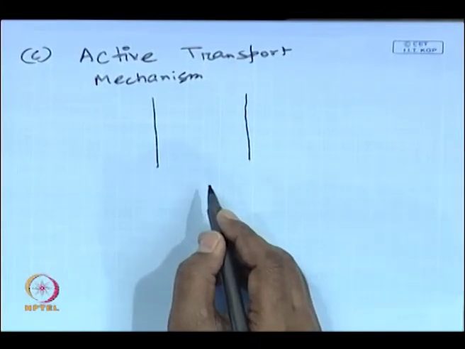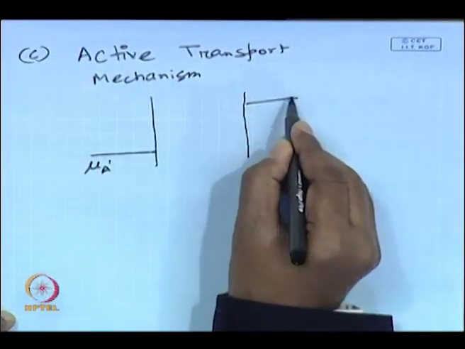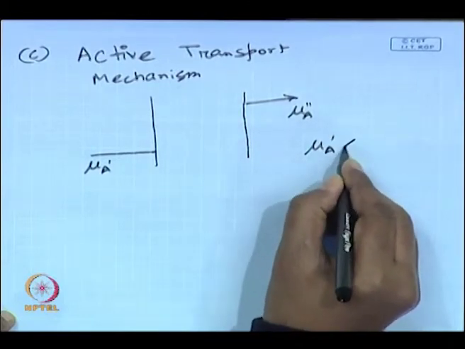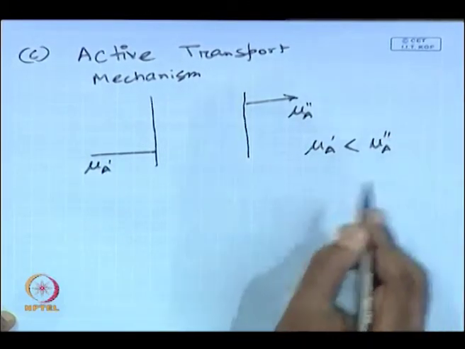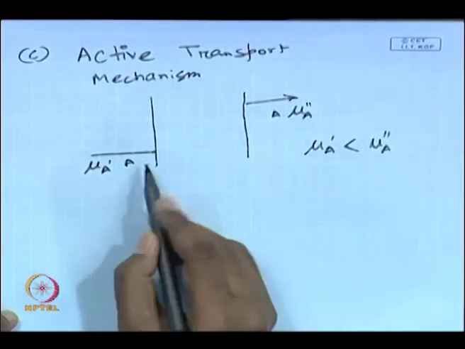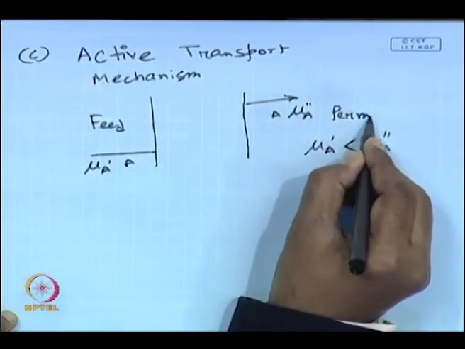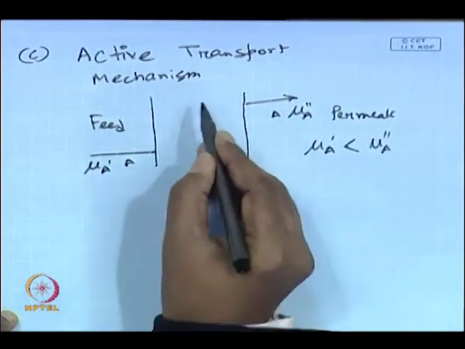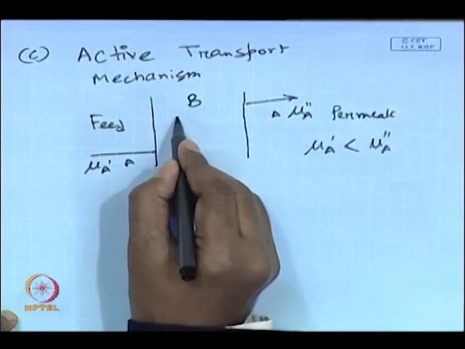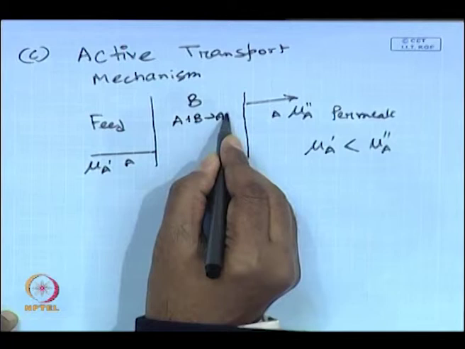That means in the feed side the chemical potential will be lower compared to the chemical potential in the permeate side. So, mu A prime is much less compared to mu A double prime. How can it happen? The species A gets transported from the feed to the permeate side. Here also there is an agent present within the membrane phase and there is a reaction going on, A plus B going to AB.